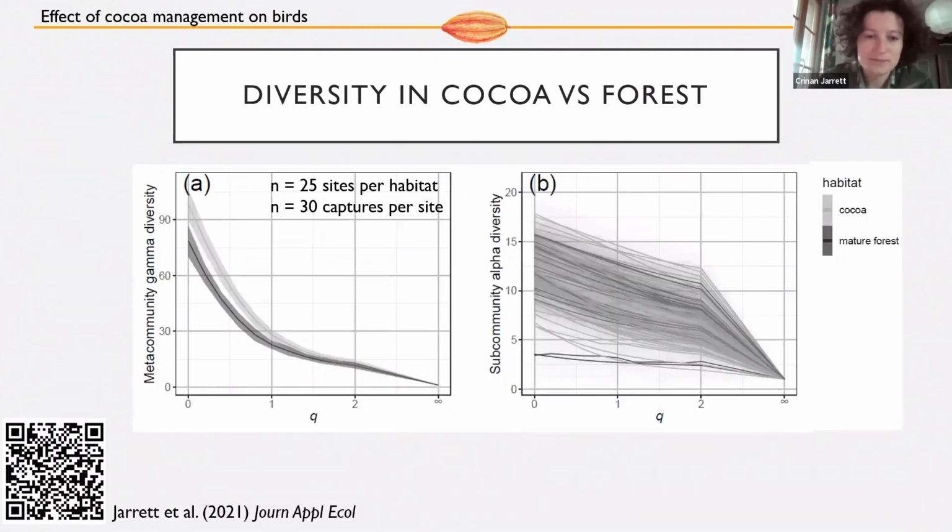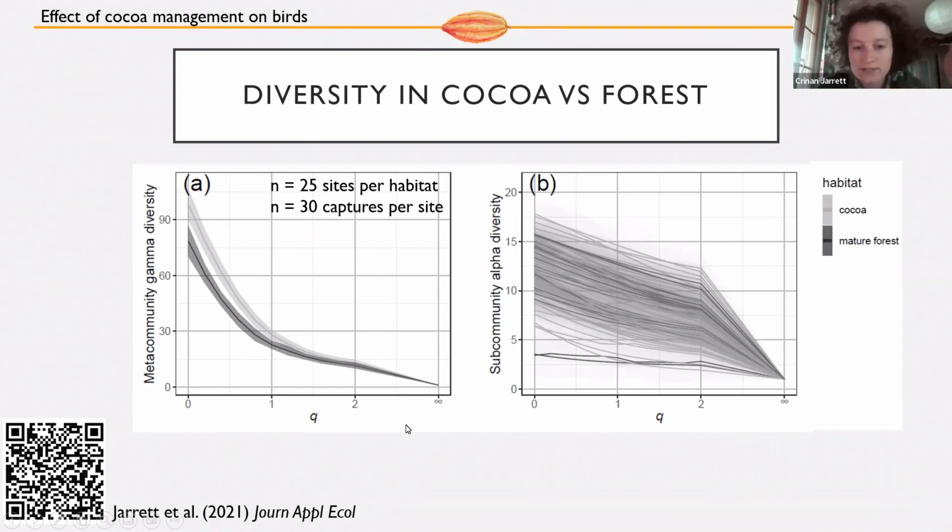I looked at both these measures. On this slide, you see 2 plots. The left-hand plot is the gamma diversity, so that is the whole community, all the cocoa sites clustered and all the forest sites clustered. On the right-hand plot, we have alpha diversity, which is the diversity per plot. In both of these plots, on the y-axis, we have the diversity, and on the x-axis, we have this Q value.